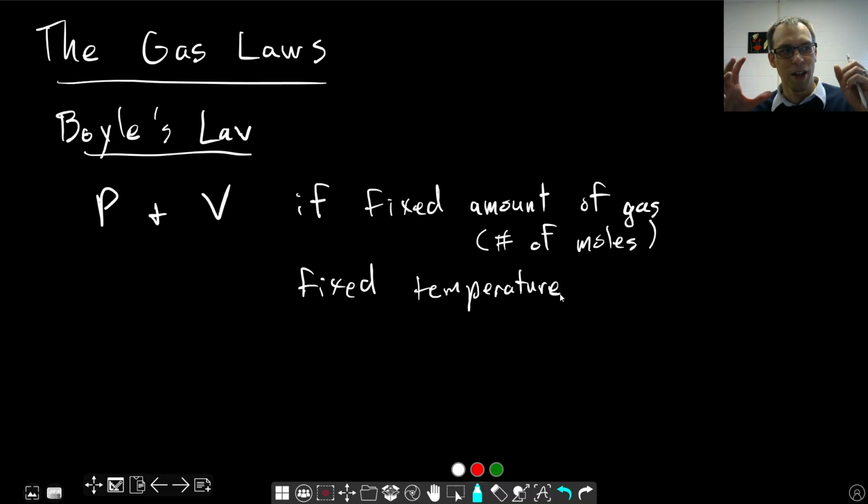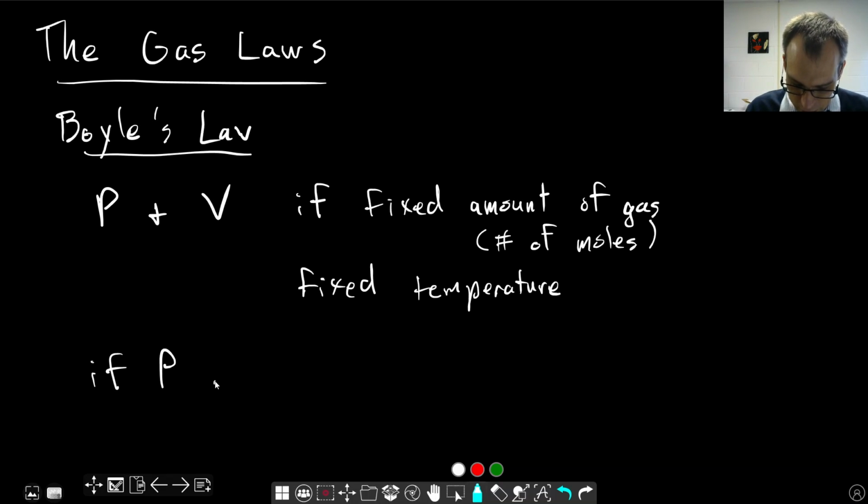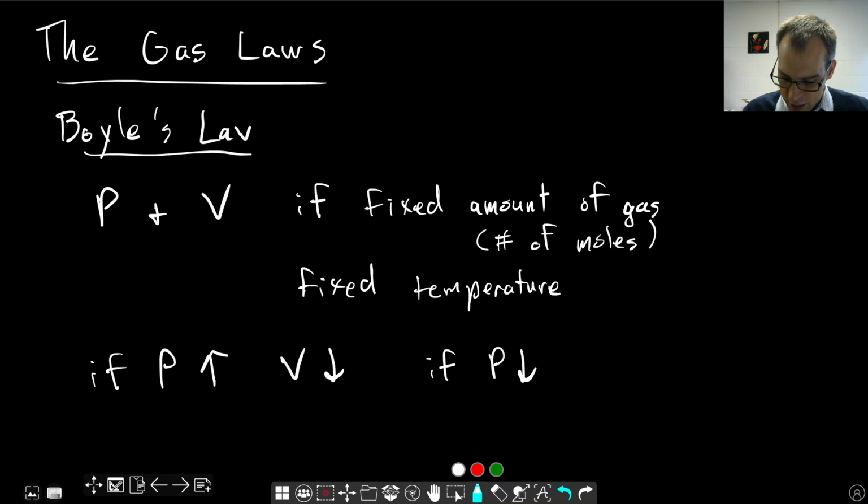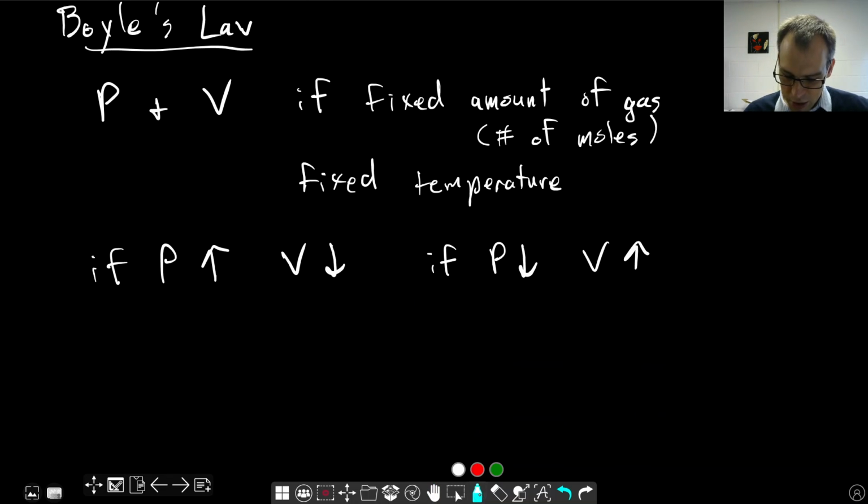If you increase the pressure, so if P increases, the volume of a gas will decrease. So these are inversely related. And same thing if P decreases, then volume will increase. And so we can write this down mathematically in this way. These are inversely related.